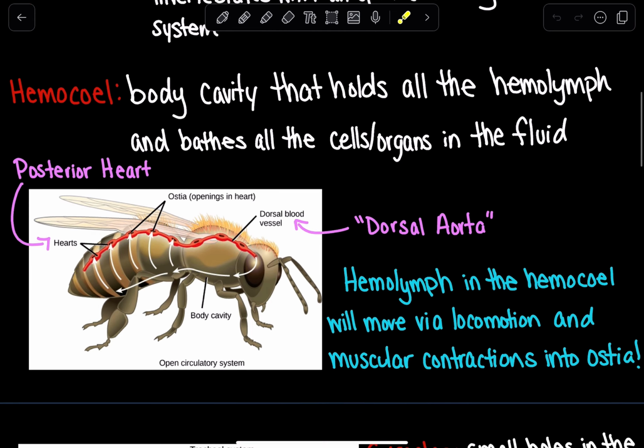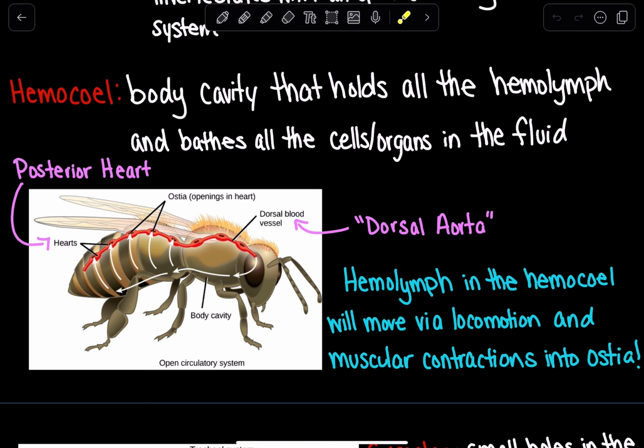Now, you may be wondering, how does the hemolymph in the hemocoel get back into these ostia? Because we don't have any blood vessels that directly take the hemolymph back into there. So to answer this question, hemolymph can re-enter the hearts through the ostia via locomotion and through muscular contractions within the invertebrate.